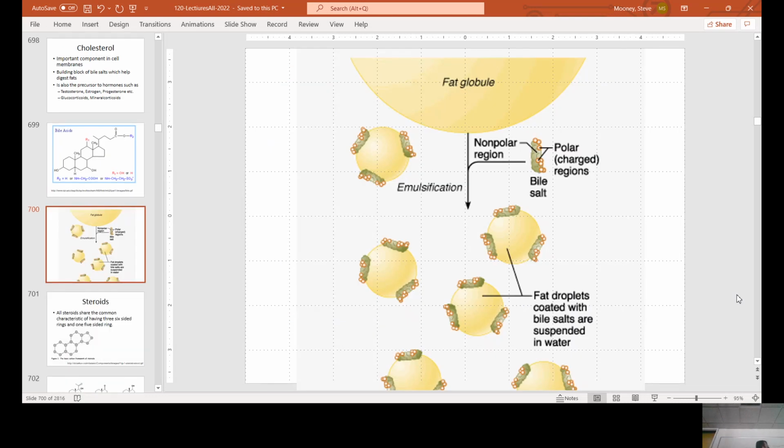So the bile salts, these little sections of circles, are going to attach to the bigger glob of fat and break it into smaller droplets. Those droplets, if they've got bile salts all the way around the outside, become soluble in water, and the enzymes can then get to them, break them apart, so they can be absorbed.